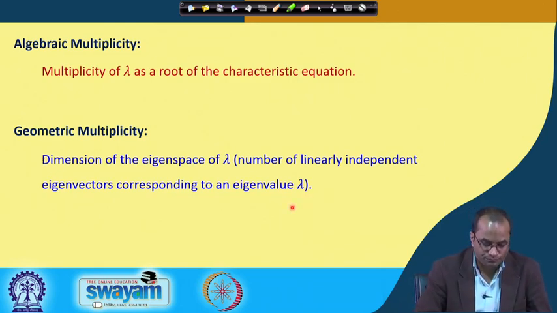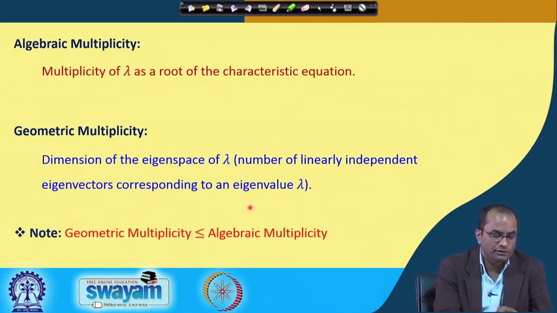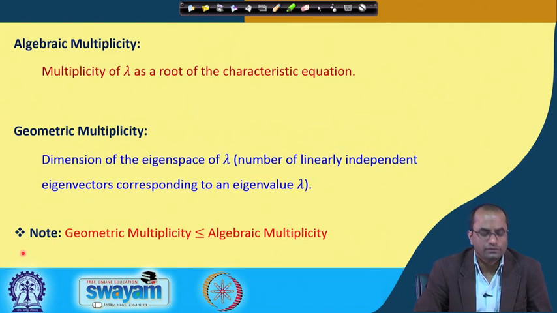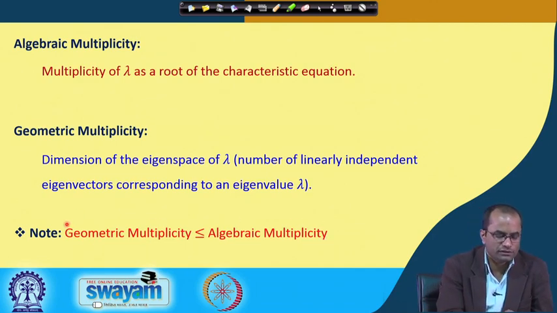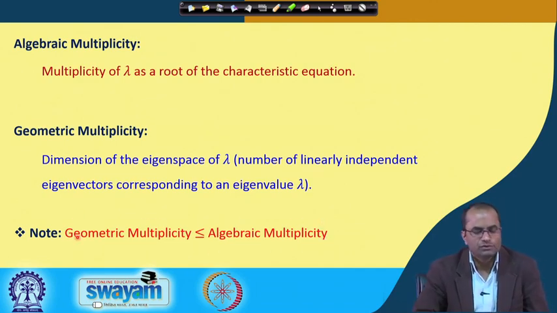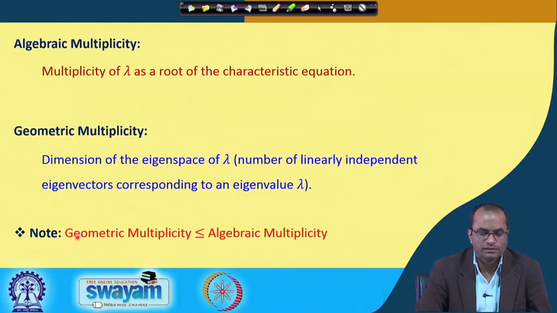So, with these two classifications we will move further, but before that there is a note here that this geometric multiplicity is always less than or equal to the algebraic multiplicity. That is an important result which one can formally prove, but it requires a little more knowledge of diagonalization, etc. So, we will not prove this result now, but we will keep in mind that the geometric multiplicity is always less than or equal to the algebraic multiplicity.